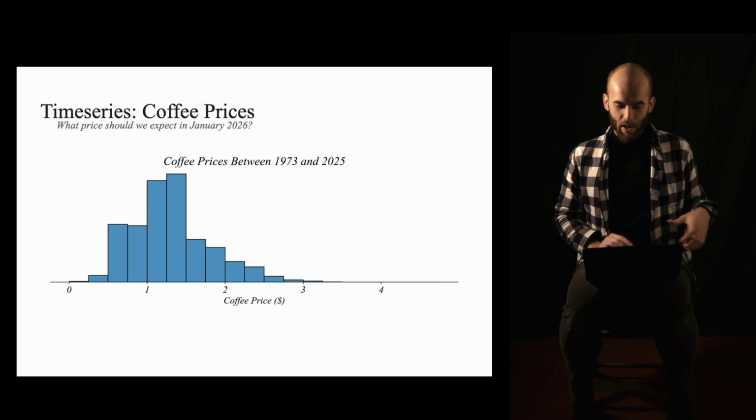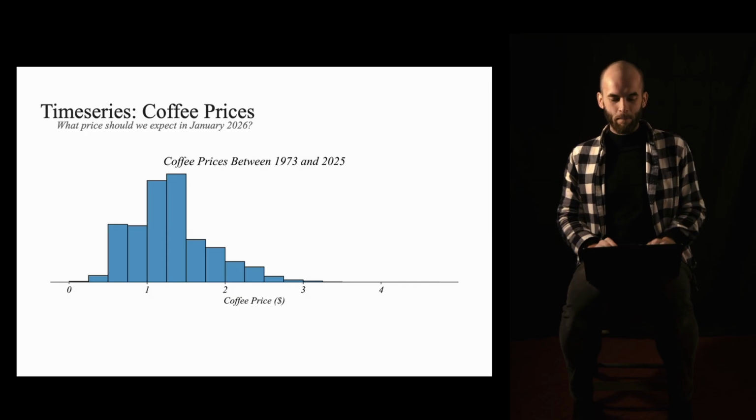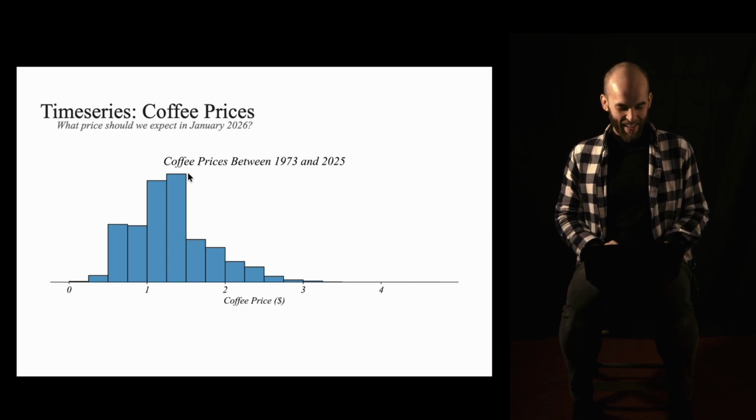Okay, so the first thing we could do is, we know this is a numerical variable, so we could just plot out a histogram of all of the prices, just to get a general sense of what the prices look like within our data set. And you can see the most common grouping is 125 to 150, somewhere around here.